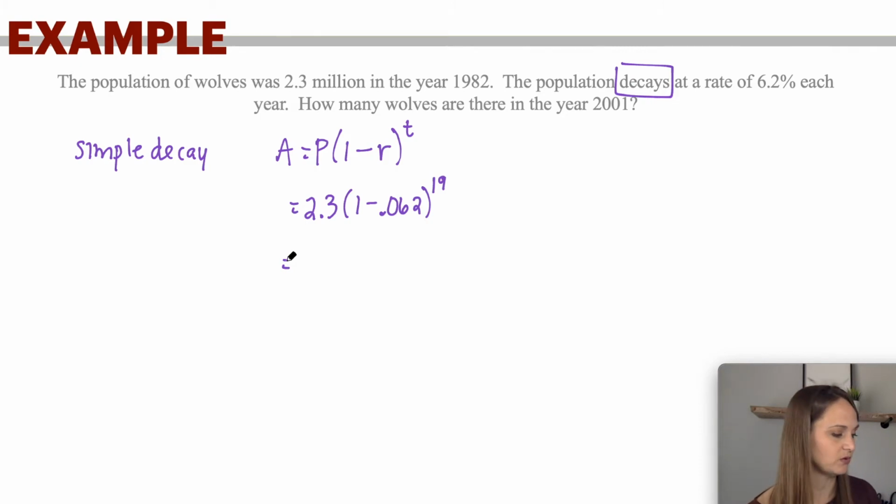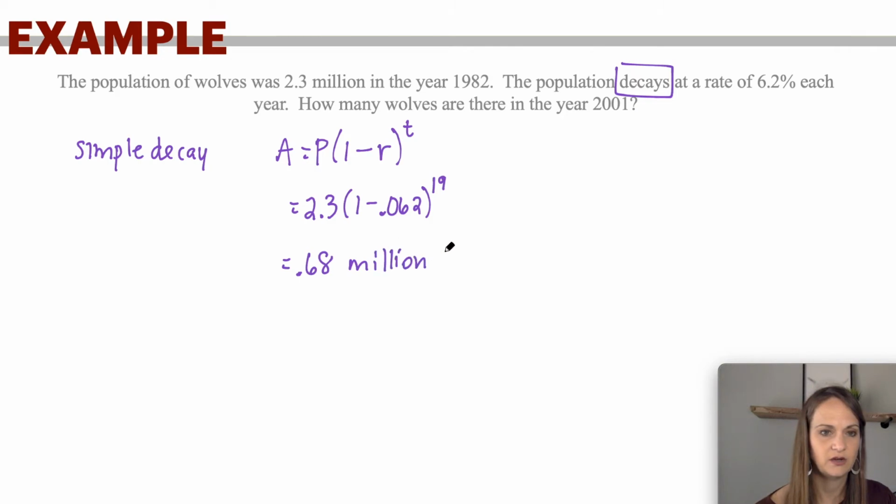So if you type this whole thing in the calculator, you will get 0.68 million wolves.